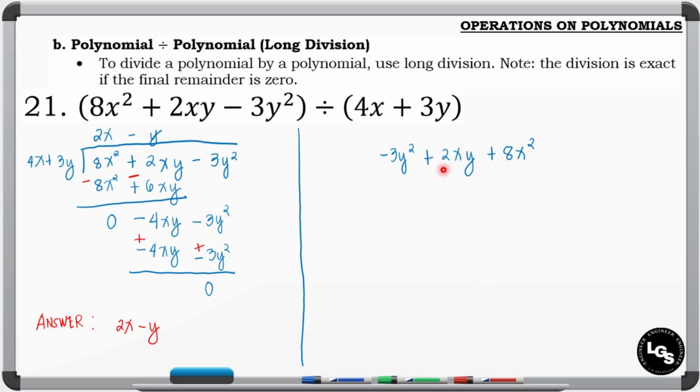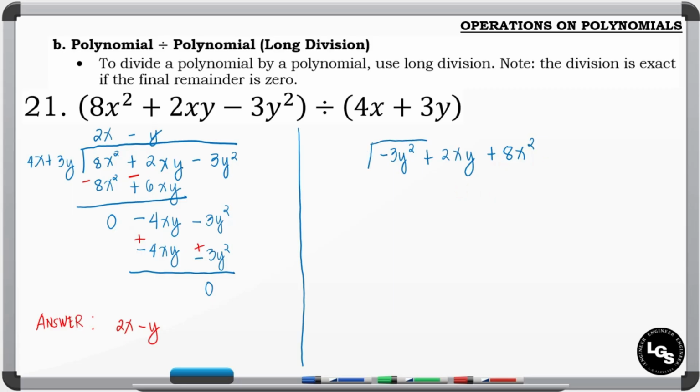So I wrote the 2xy for both solutions as the second term because we are dealing with the y variable. So y squared, so the term that should be written next is the term with the y variable. So this should be at the middle, or the second term. Then of course, the last term is the term without the y variable.